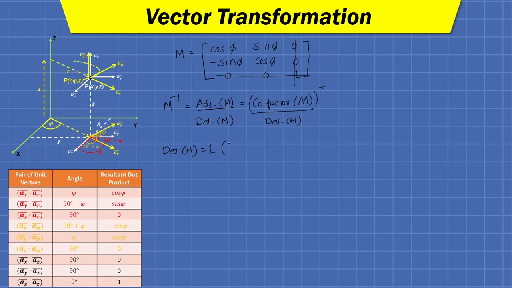So it will be cos square phi minus sin phi into minus sin phi, which will be minus sin square phi. Here minus minus will turn out to be plus, so cos square phi plus sin square phi. This is a very well known trigonometric identity that sin square phi plus cos square phi will be 1. So the determinant of this matrix will be 1.